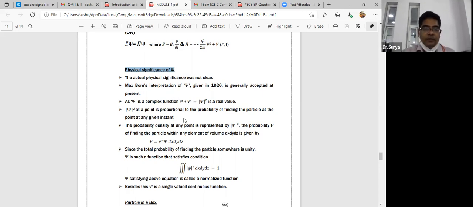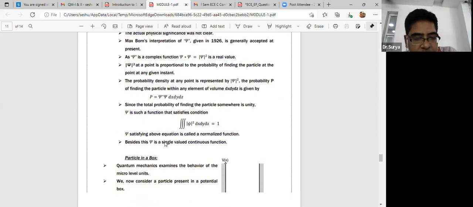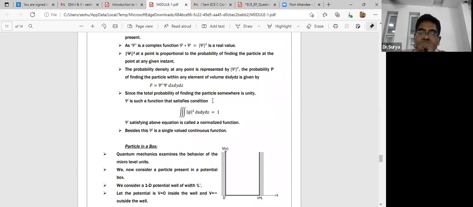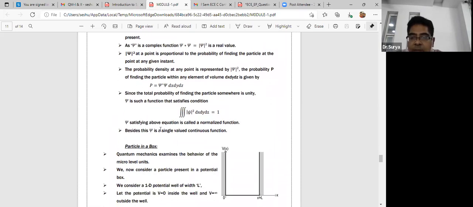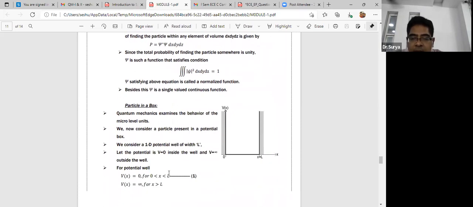The probability P of finding the particle within an element of volume dx dy dz is given by this. Since the total probability of finding the particle somewhere is unity, psi satisfies the condition integral of mod psi square dx dy dz equals 1. Psi satisfying this condition is called a normalized function. Besides this, psi is a single valued continuous function. So this is the Born interpretation you have to write.